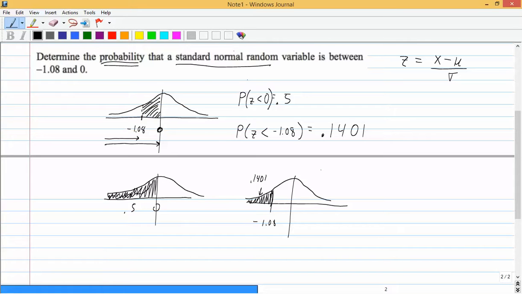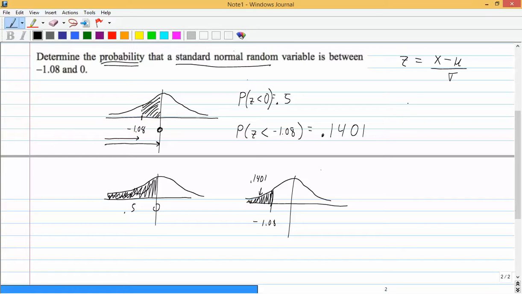So if I want to know the area between the two, then I can take the larger area, subtract the smaller area, and that will give me the probability that a standard normal random variable would be between negative 1.08 and 0.